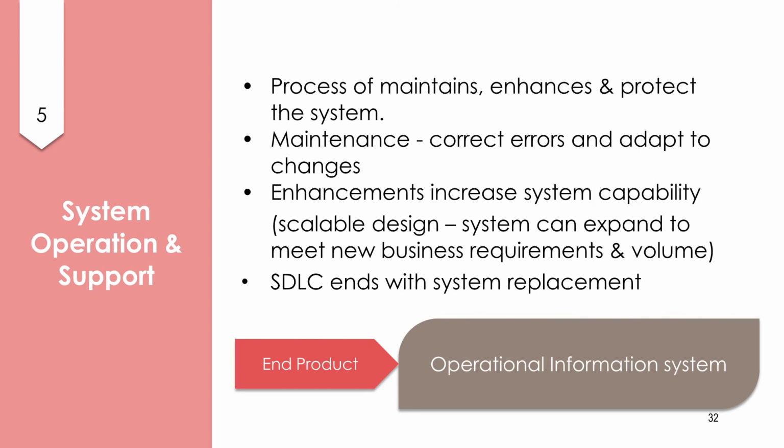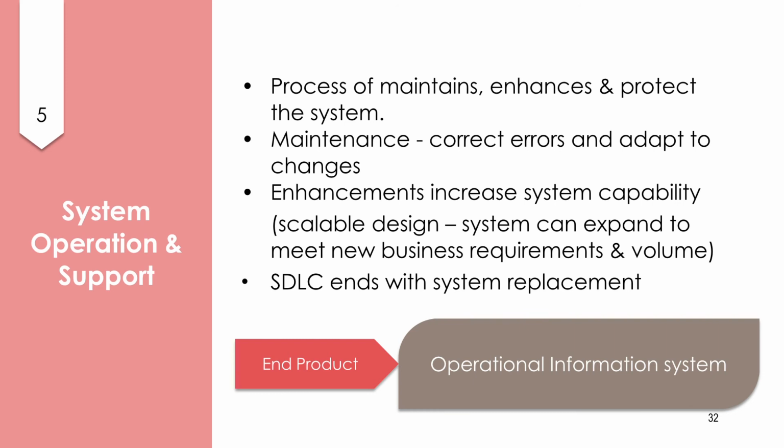Okay, now let's discuss the last phase in SDLC, that is system operation and support. Okay, so in system operation and support, the IT staff or the development team will maintain, enhance, and protect the system. Okay, so maintenance is the process of correcting the errors and also adapting to changes.